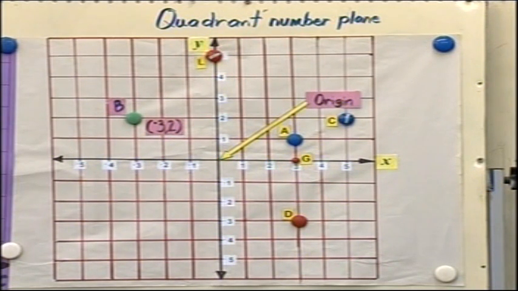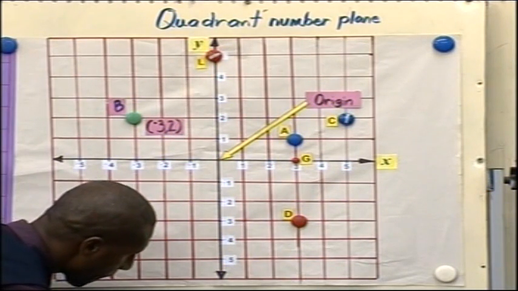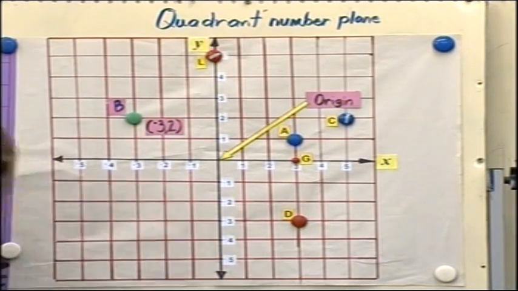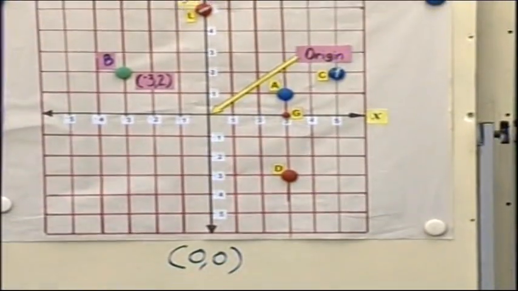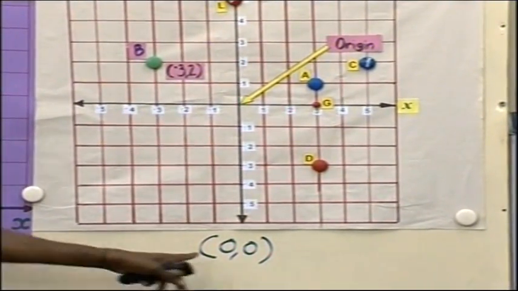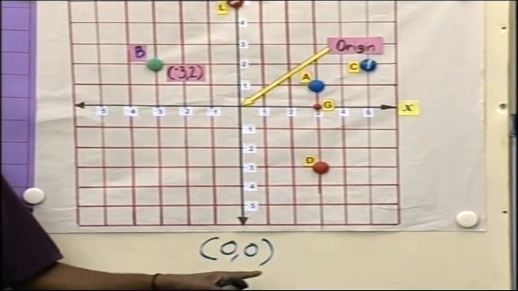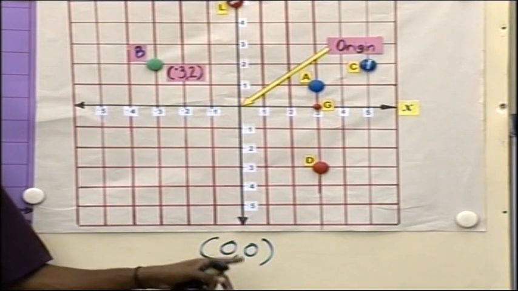Let's hear from Emmanuel. Class? Bracket 0, 0 bracket. Very good. That is the coordinate for origin. The origin will have these coordinates, bracket 0, 0 bracket.